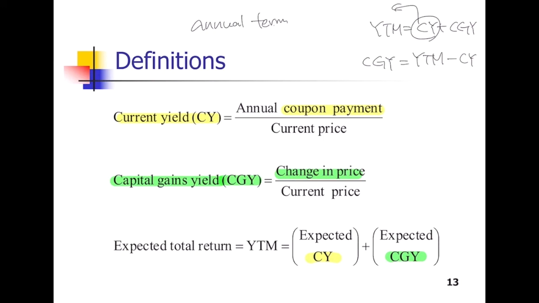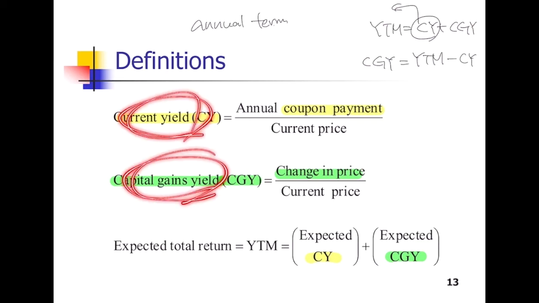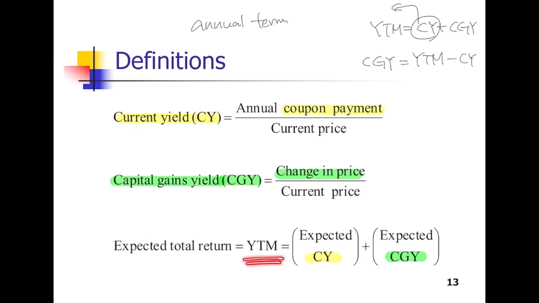As you can see, the current yield of bonds can be calculated by annual coupon payment divided by current price, and capital gain yield can be calculated by change in price over current price. The sum of these two, we called yield to maturity, and we can say that is the expected total return when you hold the bonds.